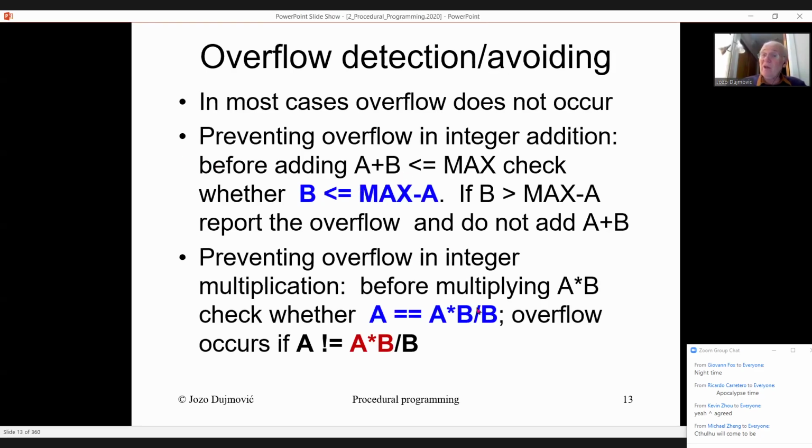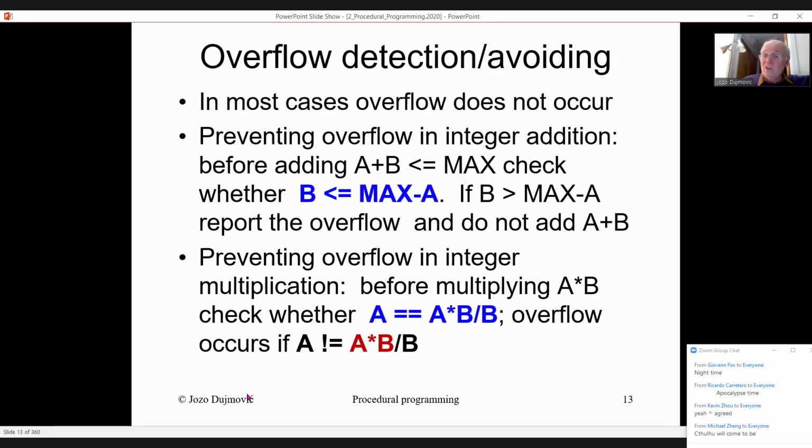The same situation happens with multiplication. If you have to multiply two values, what's going to happen? You can have an overflow. So if you have an overflow, A times B divided by B is not going to be equal to A. So before you multiply, you can check whether A is equal to A times B divided by B. And if it is, you can multiply, and everything will be correct.